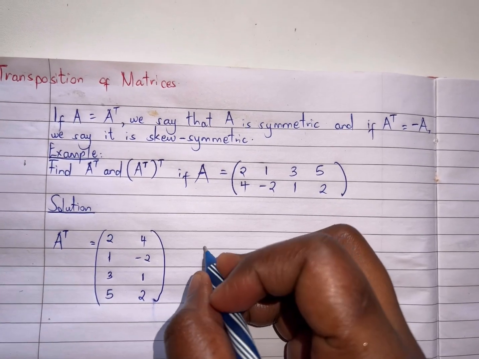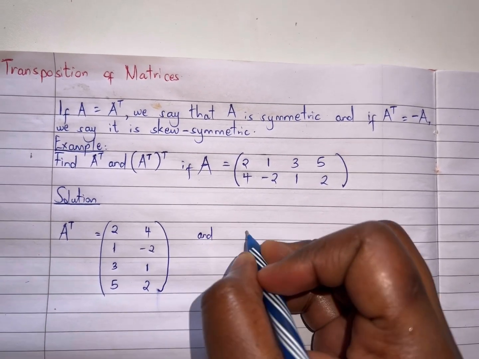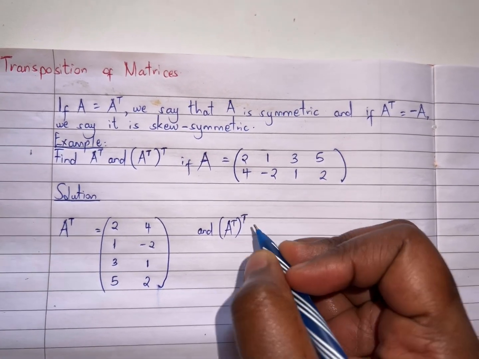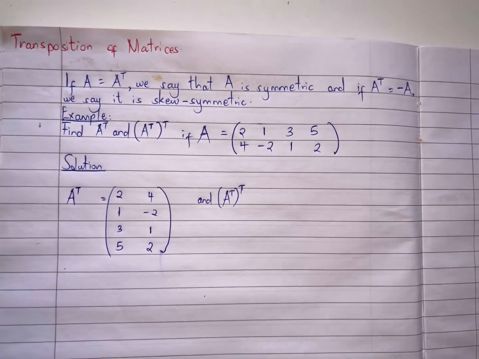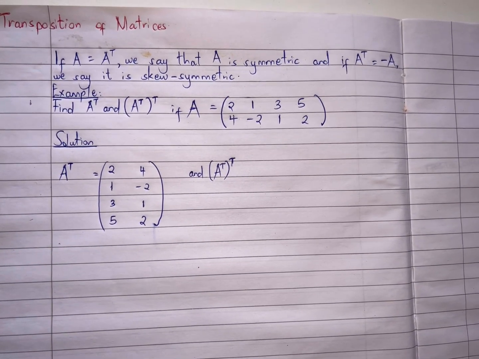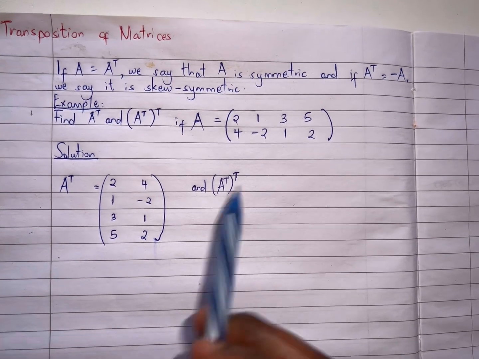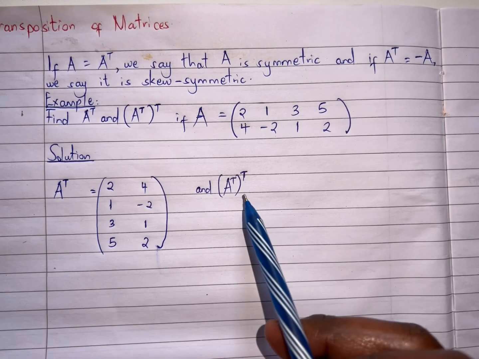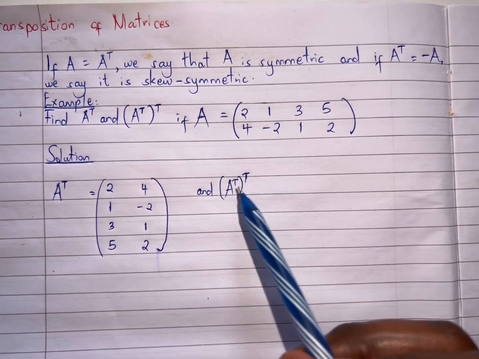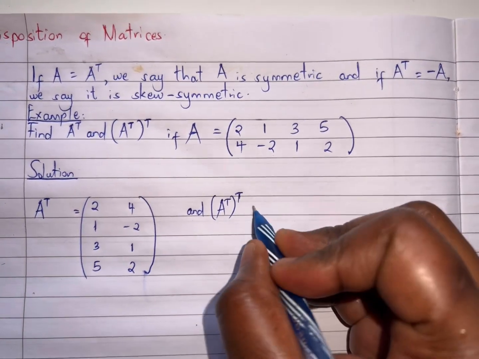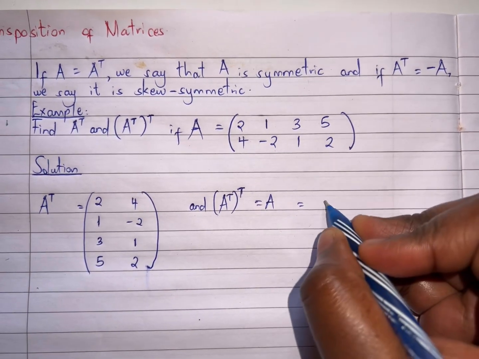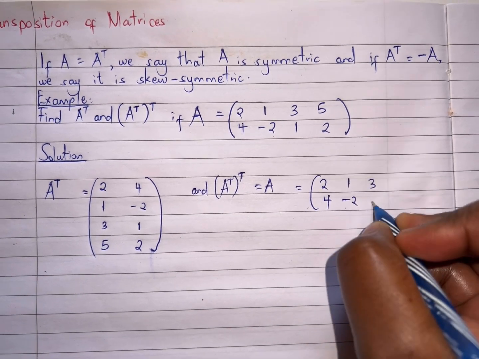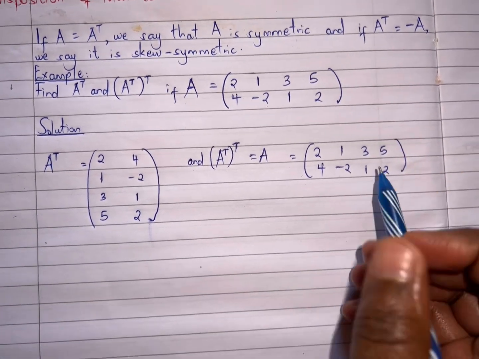On to our next part, the transpose of the transpose of A. We already worked out the transpose of A. The question is asking us to find the transpose of the values we had when we worked out the transpose of A. So it's like changing it back to the previous values of A. Our answer would be 2, 4, 1, negative 2, 3, 1, 5, 2.